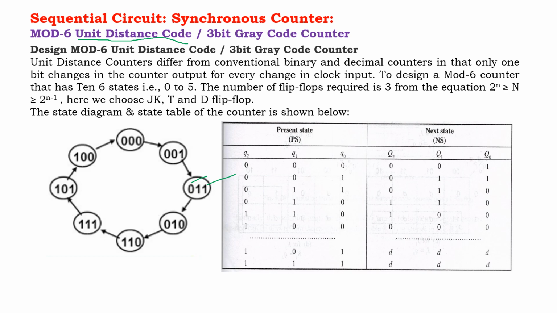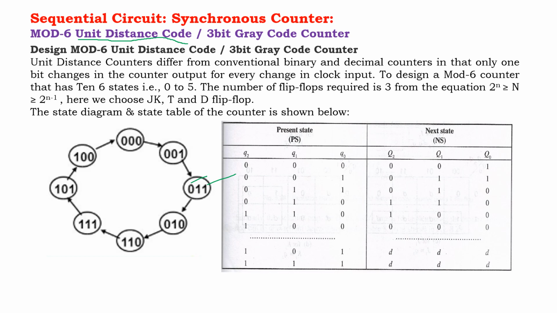So mod 6 means it will count from 0 to 5, and 3-bit means that will count from 0 to 7. 3-bit means 0 to 7, 7 is made by 3 bits.